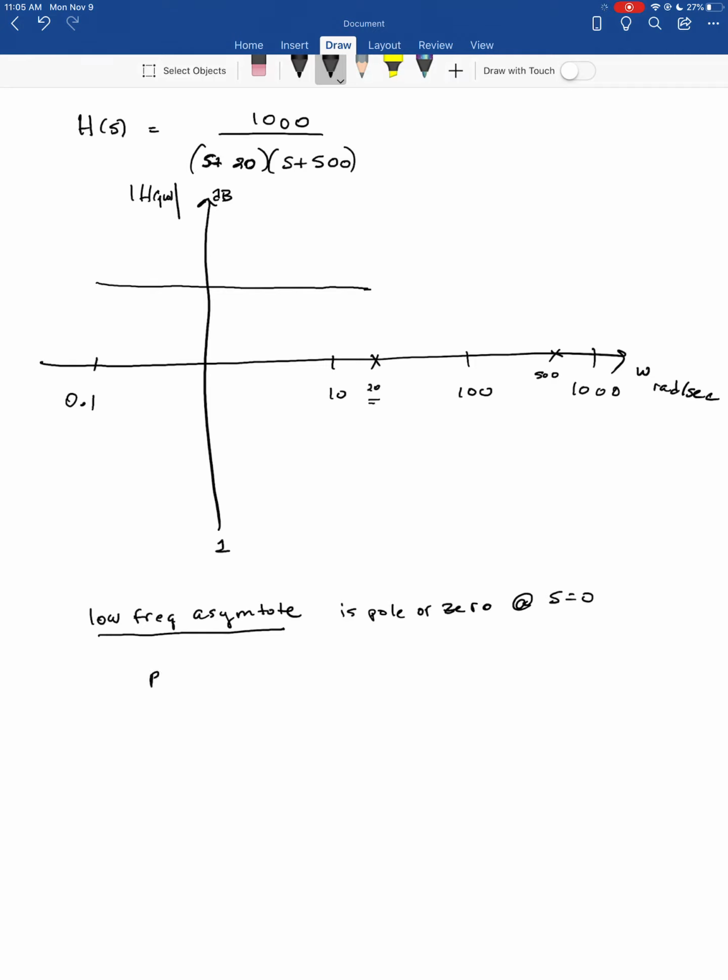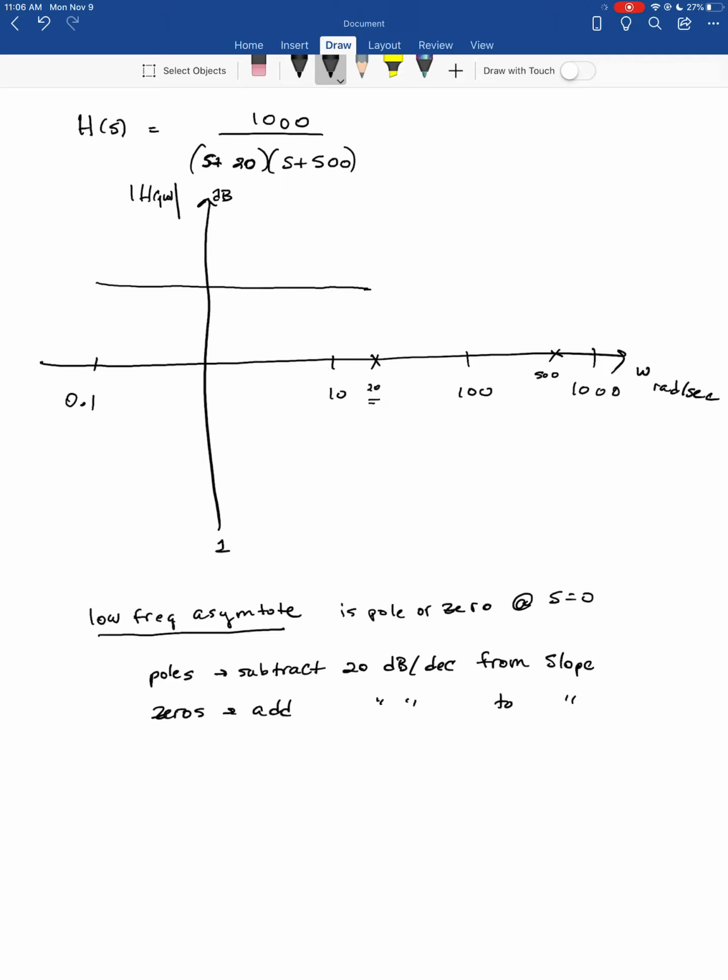Okay, now the first critical point that I encounter is 20, and it is a pole. So poles subtract 20 dB per decade from the slope, and zeros add 20 dB per decade to the slope.